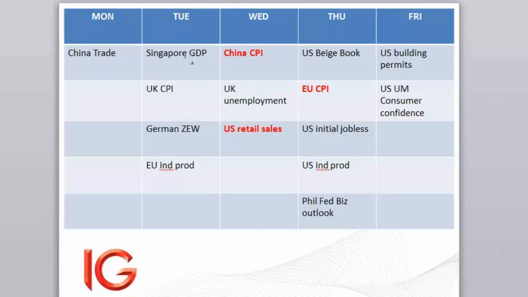So I'm just going to run through this very quickly. Things to look out for, I've highlighted in red: China CPI tomorrow, US retail sales tomorrow, European CPI on Thursday, and some investors are also interested in the US Beige Book that's out on Wednesday, late night, Thursday morning. So I'll just jump into today.